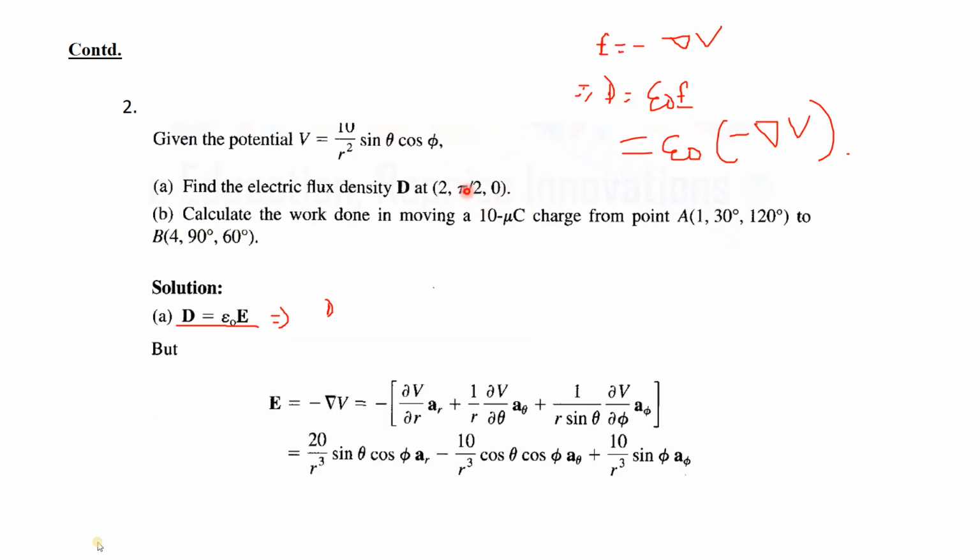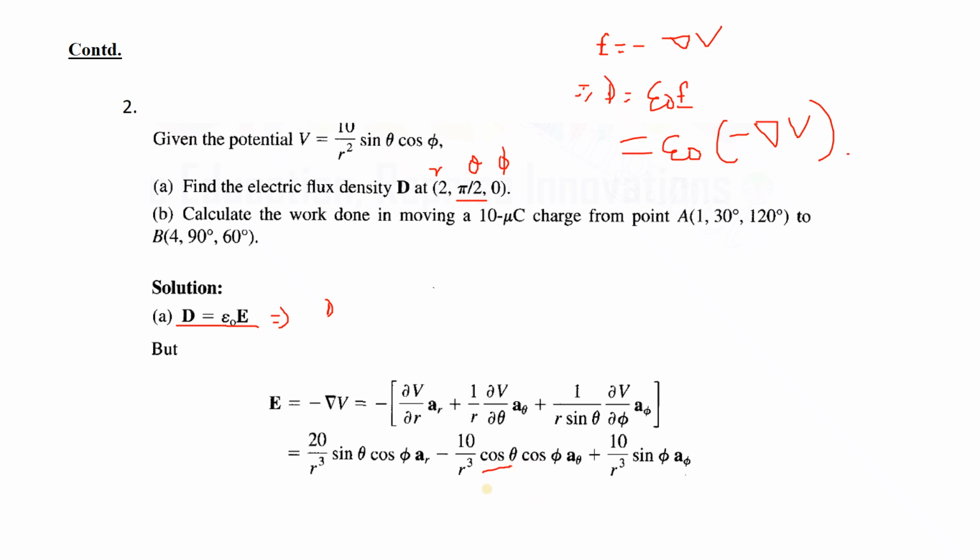You will see that this third term is 0 and this is pi by 2. This is r, this is theta, and this is phi.